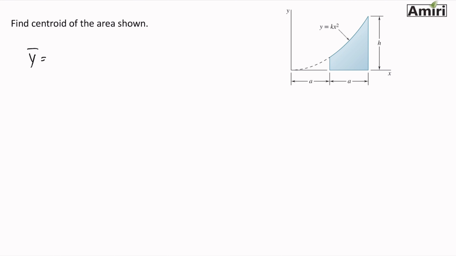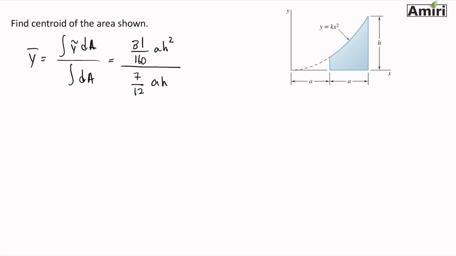All right, so let's just plug them back into the equation. Y bar was the integral of y tilde dA over the integral of dA. The numbers we have calculated: the y tilde dA integral was 31 over 160 a h squared over the dA integral of 7 over 12 a h. So this will result in y bar being 0.332h.